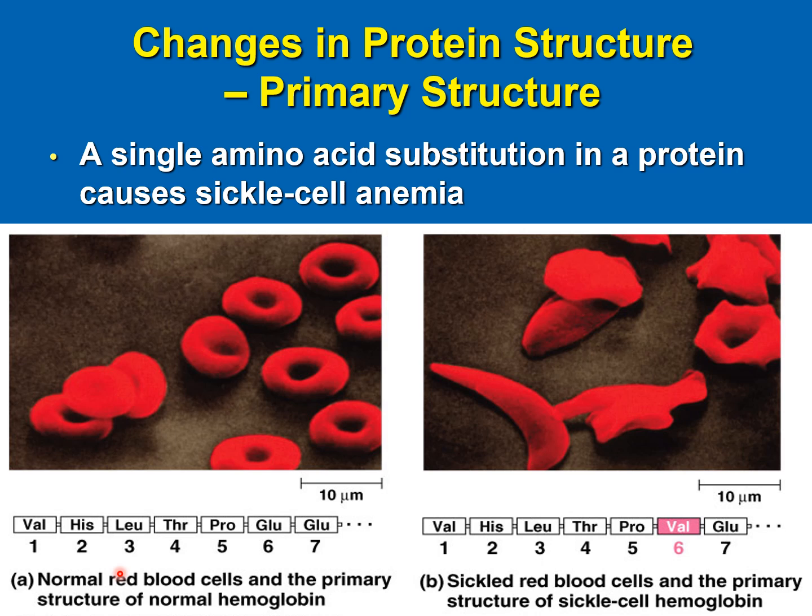People with sickle cell anemia have a mutation in the gene that codes for hemoglobin, where one of the amino acids has a change. You can see that at position number 6 in the amino acids in the protein, we've changed that amino acid to a different one in sickle cell anemia.